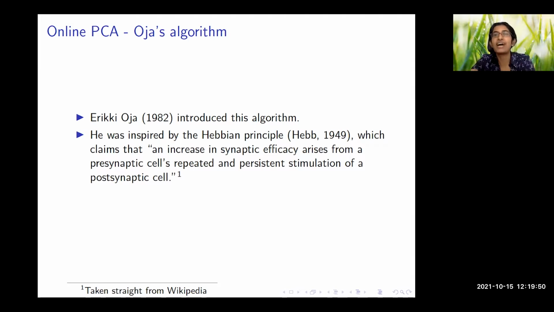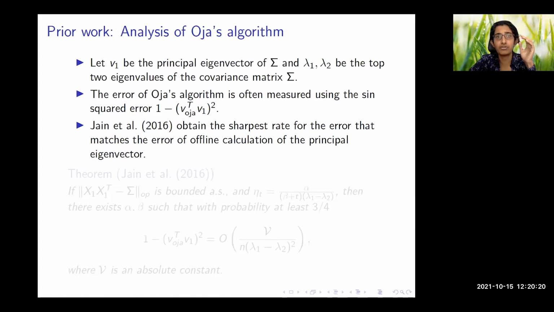I basically picked that sentence right out of Wikipedia because I couldn't rephrase it as well: the increase in synaptic efficacy arises from the presynaptic cell's repeated and persistent stimulation of a postsynaptic cell. And all I take out of that is it's a very simple linear neural network, one node. Okay? The data is coming in, you are looking at a linear combination of that. That's it.